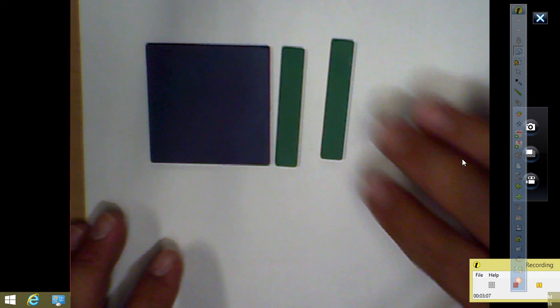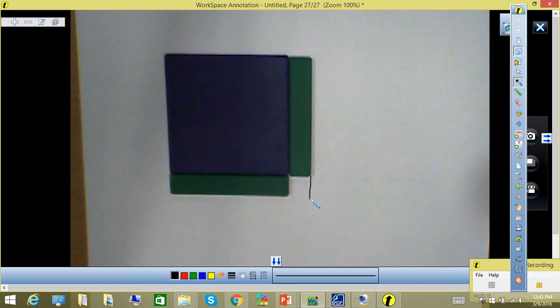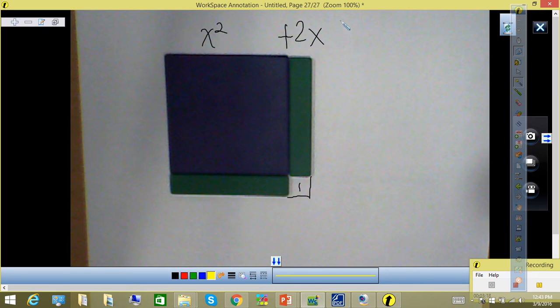All right, so then I move this. Is that pretty close? Yeah, so I started off with x squared plus 2x, and to complete that square, I needed to add 1. Is everybody following so far? Okay? All right.